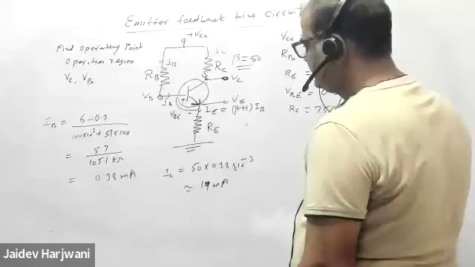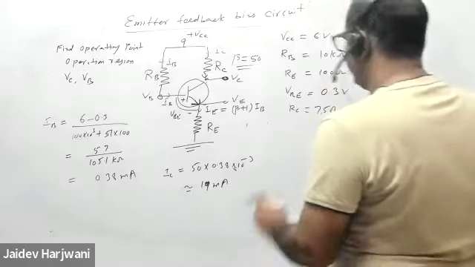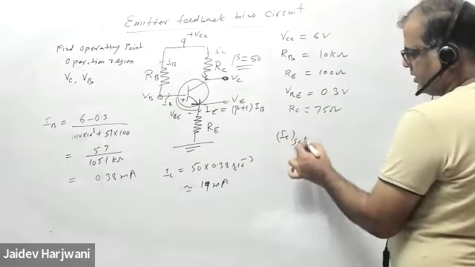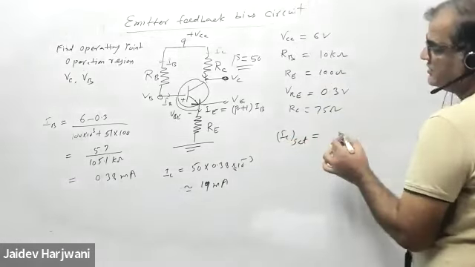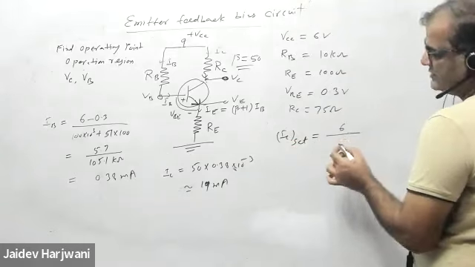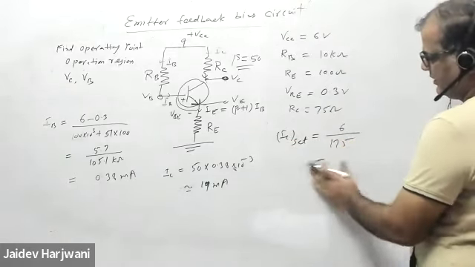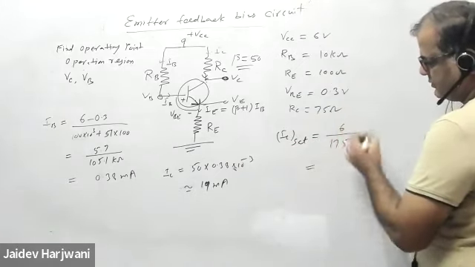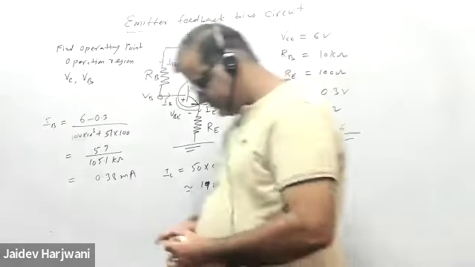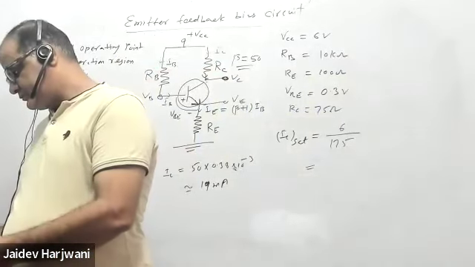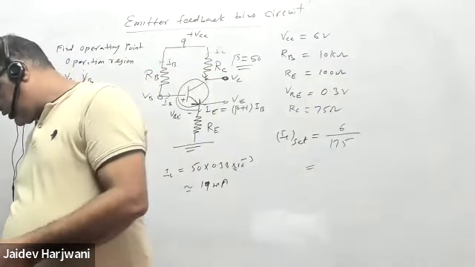And then you will find the VC in IC saturation. IC saturation is VCC 6 upon RC plus RE, 175 ohm. How much is coming? Tell me. 34 milliampere.